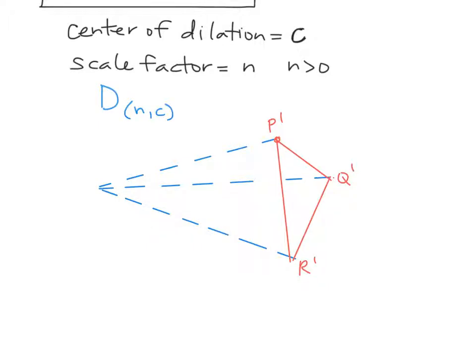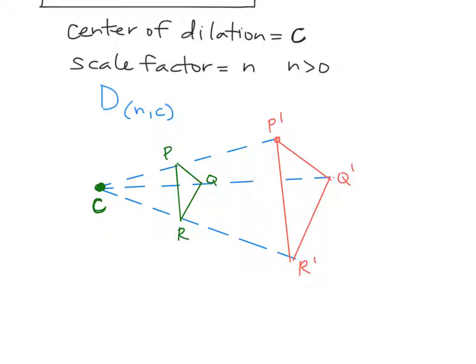The thing that we dilated, we'll say, is this picture. All right, so this is P, Q, and R. So here's the thing. The point that it stems from, the point where we are dilating from, that is my C. That's my center of dilation that we were talking about before.